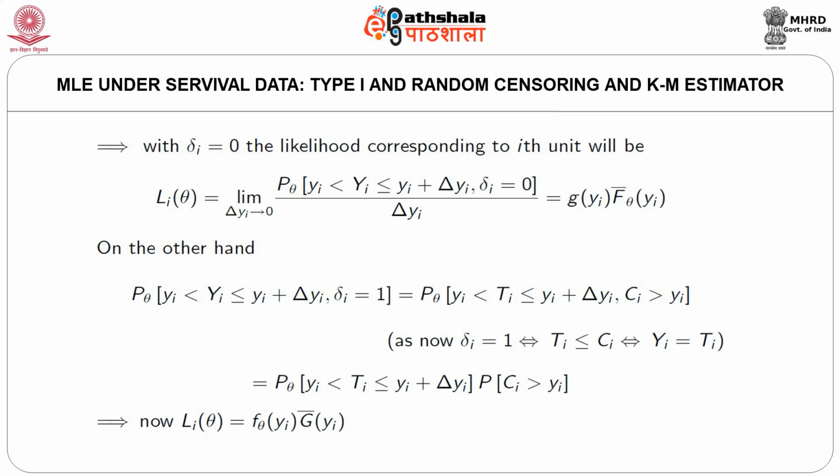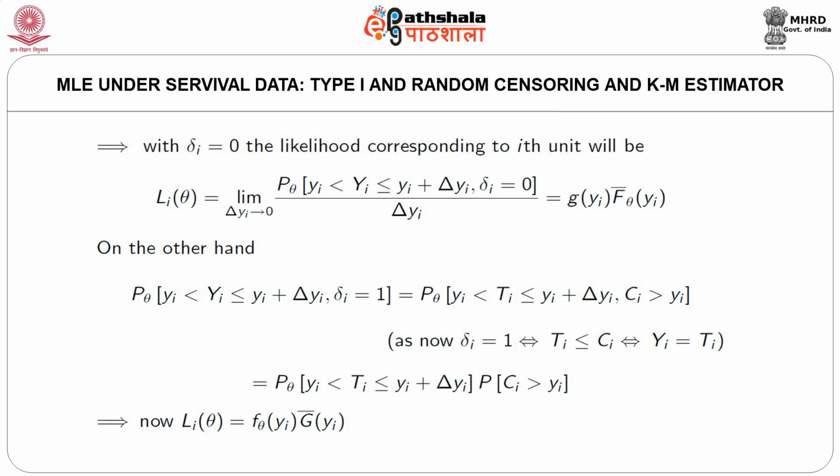On the other hand, the probability that small yi less than capital Yi less than or equal to small yi plus delta small yi, comma delta i equal to 1, is equal to the probability that capital Ti lies between small yi and small yi plus delta small yi, and capital Ci greater than small yi.